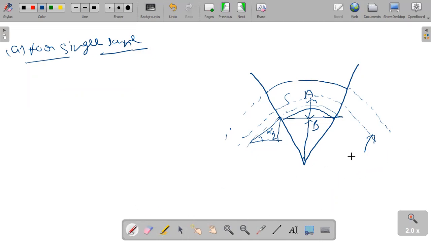And this is our LC, length of horizontal curve. This is when LC is less than SD.